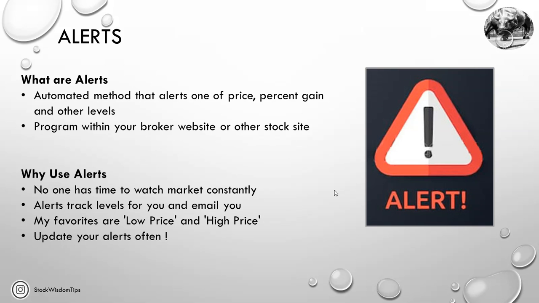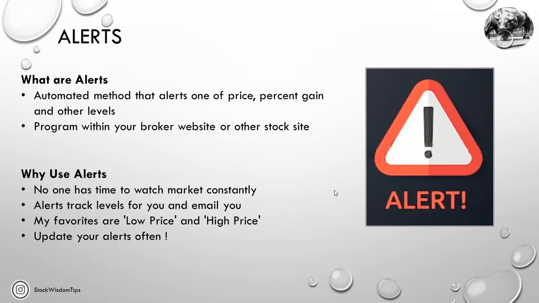Essentially, alerts are automated programs, if you will, that alert you, the investor, around certain elements being met, whether it be a price, a percent gain, or any other level that you program the alert to be. We'll have an example to show you how that's done.